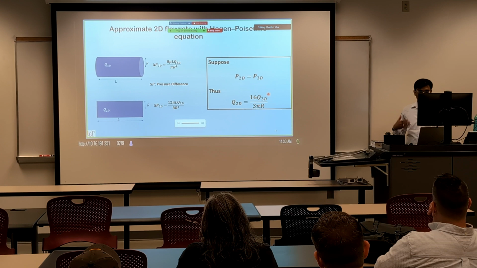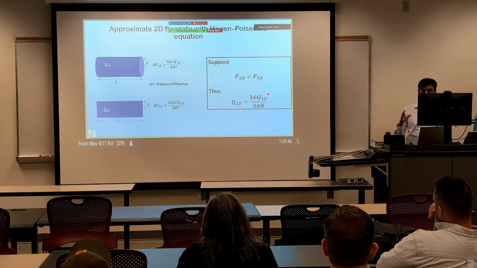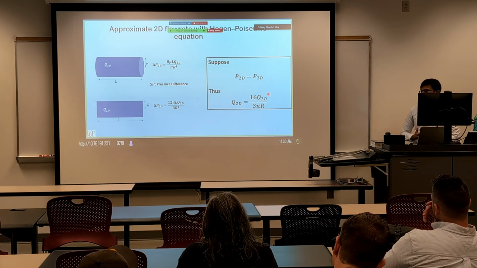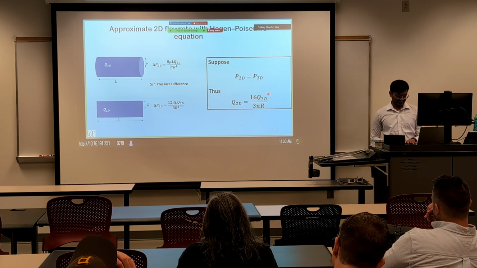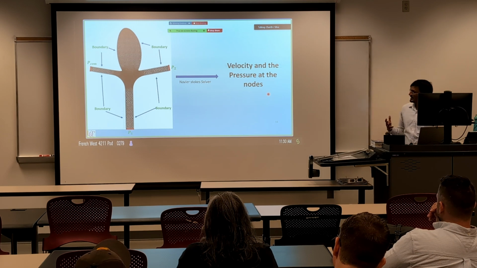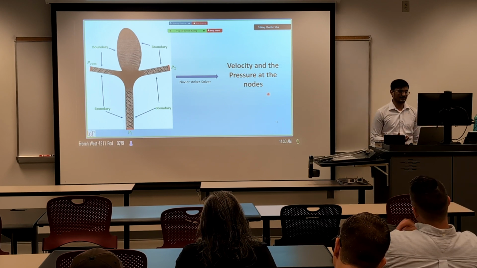So now, moving forward with the 2D geometry, we can safely use this 2D flow rate. Then I'm going to explain how to use these flow rate values as boundary conditions.